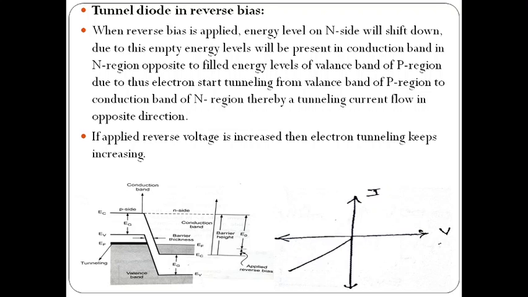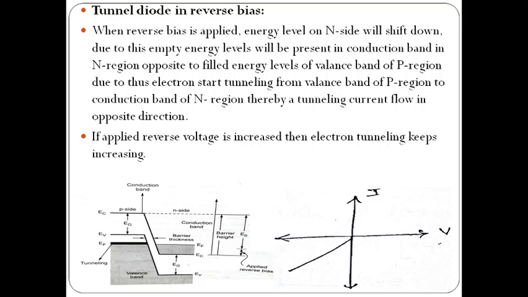Due to this, empty energy levels will be present in the conduction band in the N region, opposite to the filled energy levels of the valence band of the P region.